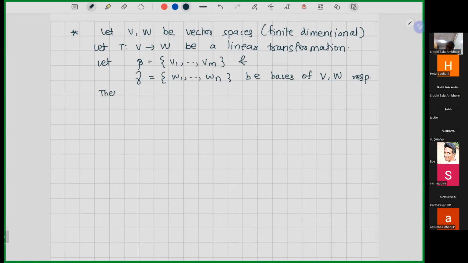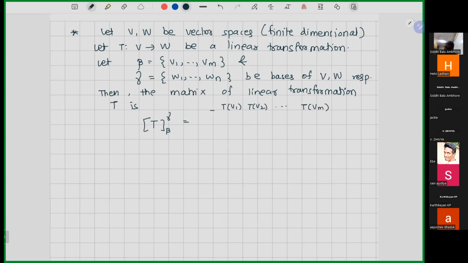Then the matrix of the linear transformation T with respect to beta and gamma is obtained as follows. I take T of v1, T of v2, up to T of vm.